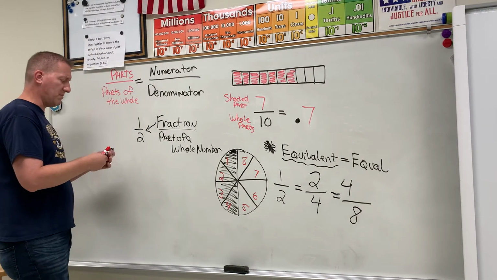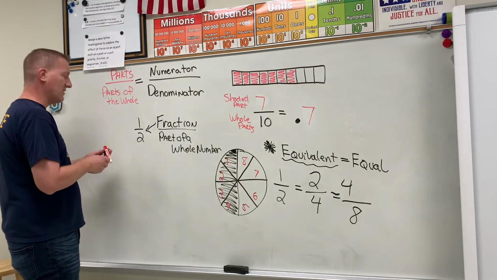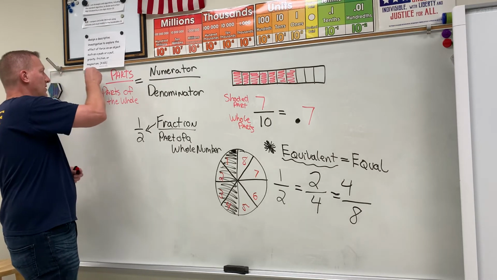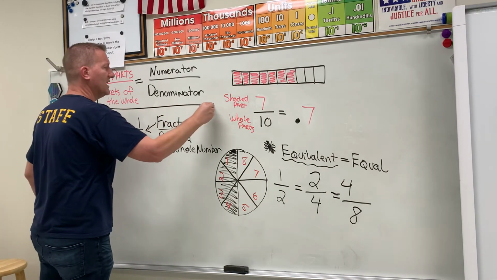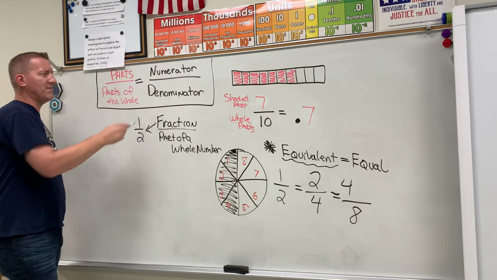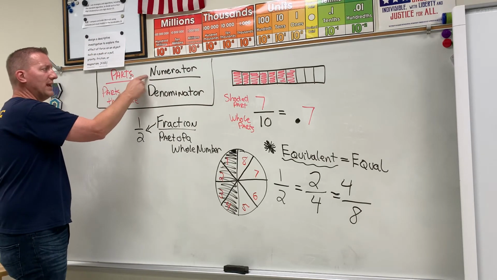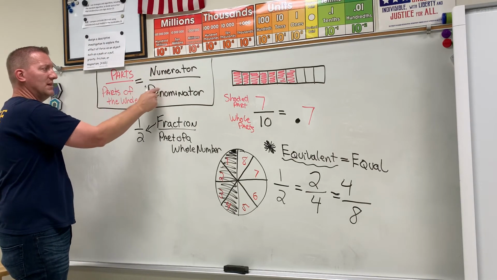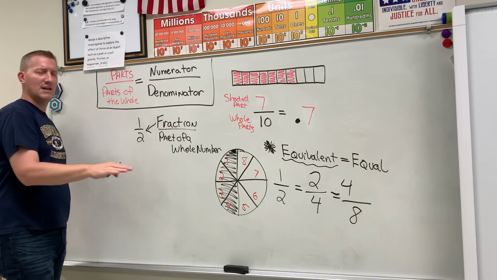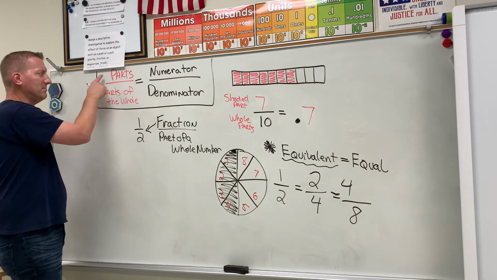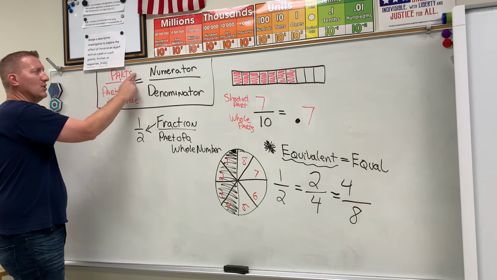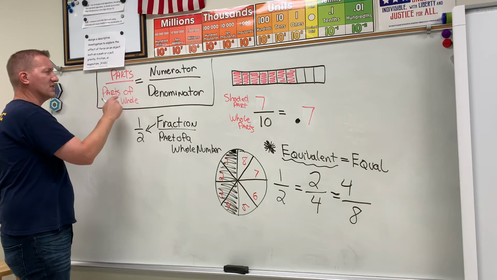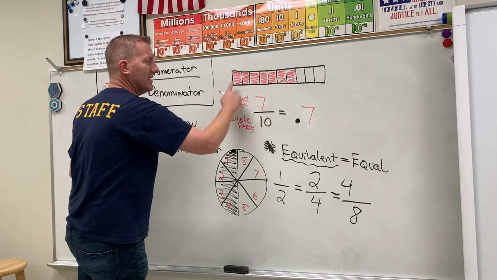This is very important to know. You have to know this right here to understand fractions. The numerator is the top number. The denominator is the number on the bottom. The numerator are always the parts shaded.